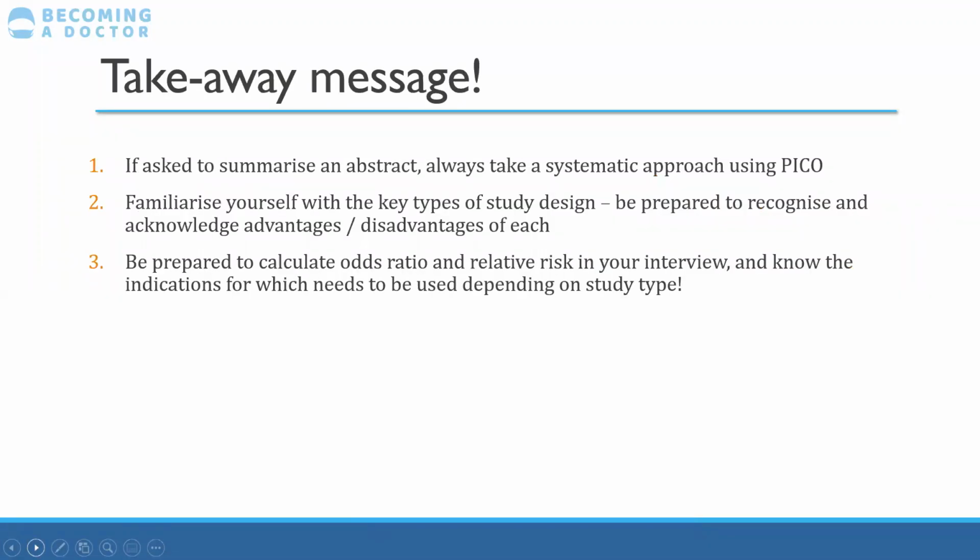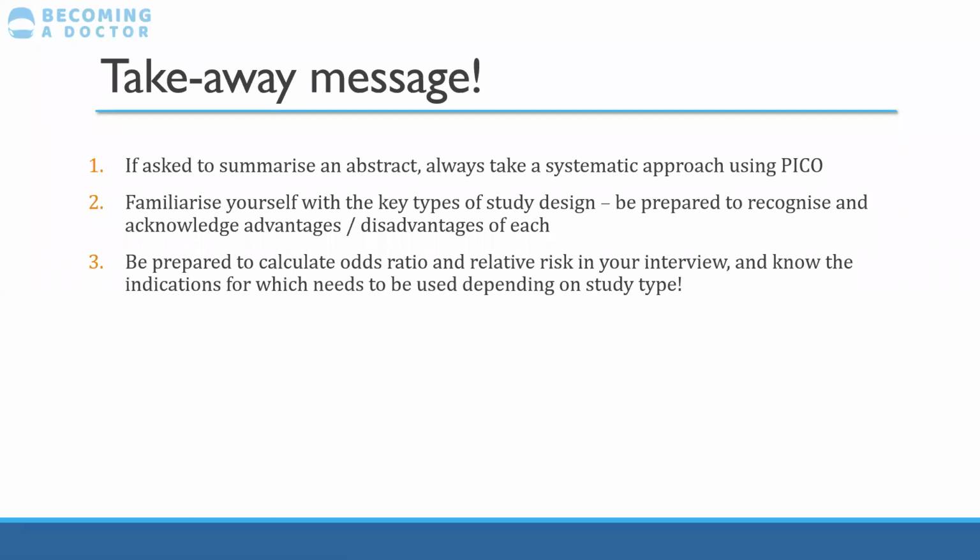Okay, so that's the main things I wanted to cover today. So I've covered summarizing an abstract using a systematic approach, so the PICO method. I've run through the key types of study design, how to recognize them, and the advantages and disadvantages of each. And just gone over calculation of odds ratio and relative risk.